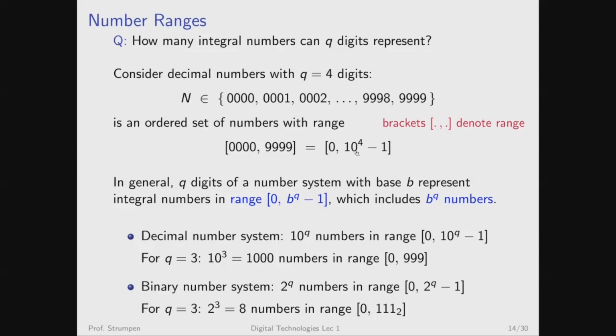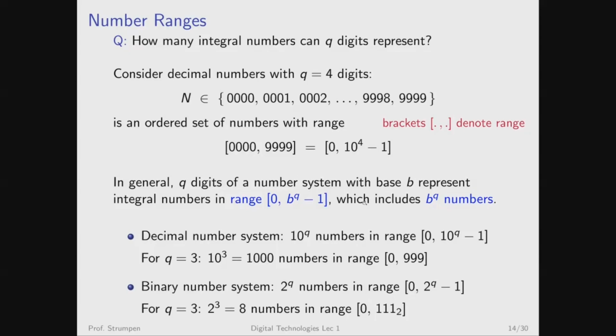Right? 10,000, 10 to the power of 4, is the smallest 5-digit number, larger than 9,999. So 10,000 minus 1 is the largest 4-digit number we can represent.